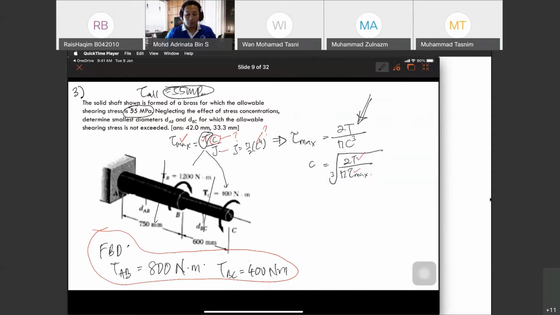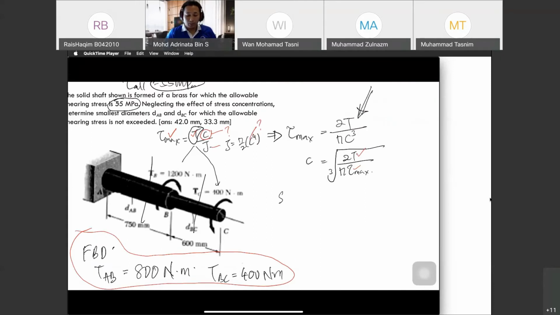Okay, so tau C untuk shaft AB ya. Shaft AB, C is equals to cube root of 2 kali torque 800 Newton meter, bahagi dengan pi kali 55 megapascal.